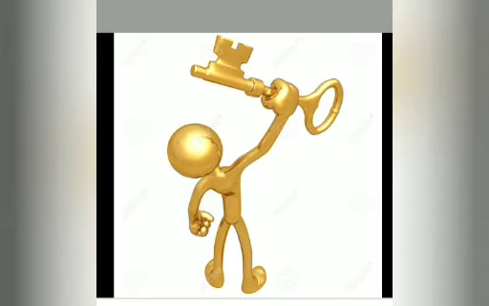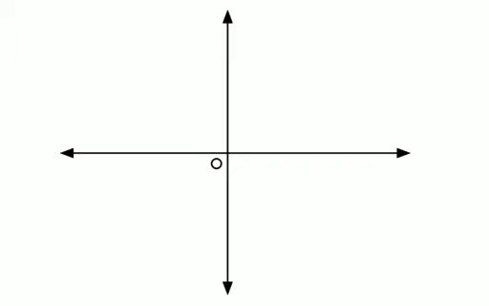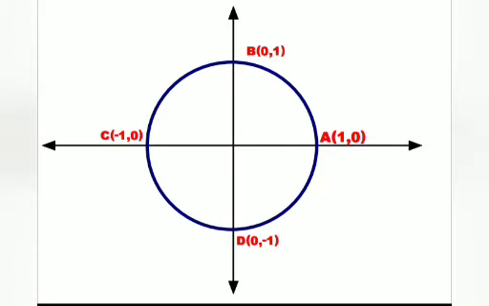Now, a unit circle is a circle with radius equal to 1 unit. Let's take coordinate axes, x-axis and y-axis, and we draw a unit circle with center at origin.